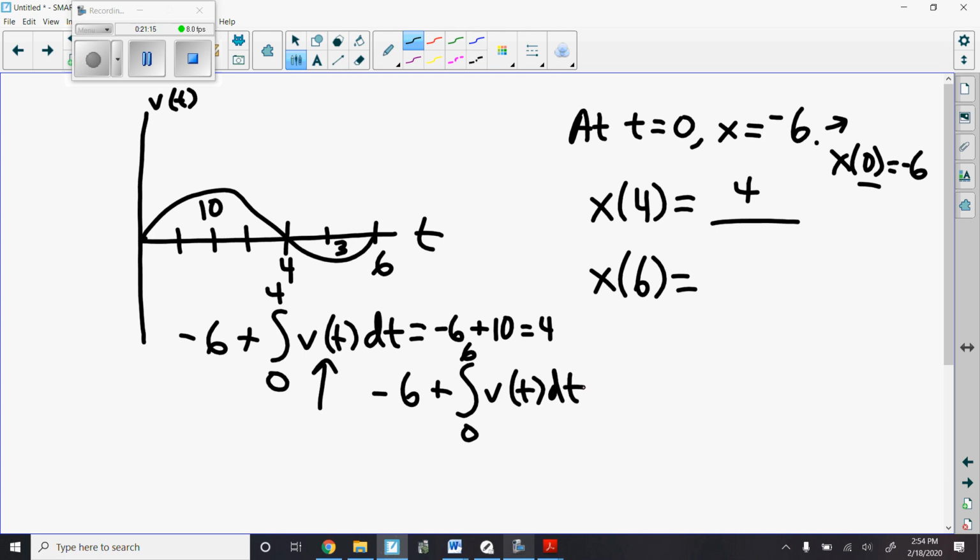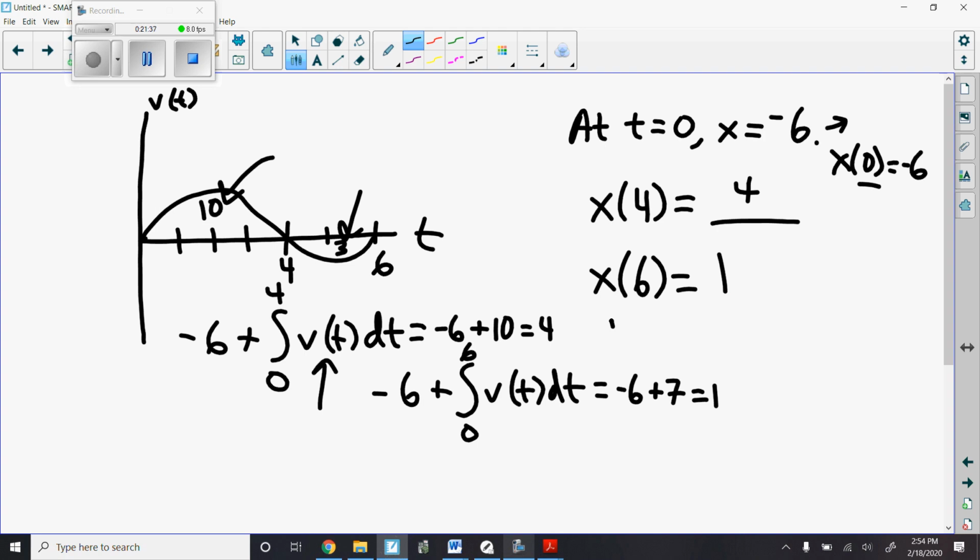Again, when I do this integral, I'm going to count this positive 10, but this 3 is going to count as negative. 10 plus -3 is 7. So I've got -6 plus 7, which equals 1. So x of 6 would be 1.